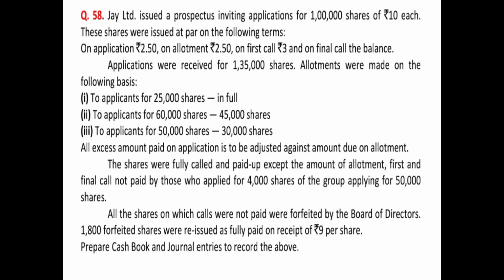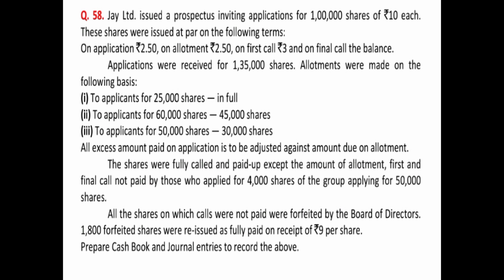That means from the third category, the applicants who had applied for 50,000 shares, who were allotted 30,000 shares, in that category a shareholder who has applied for 4,000 shares had not paid the allotment, the first call and the final call money. So no doubt he has not paid the allotment, first call and final call, but he has paid excess application money.